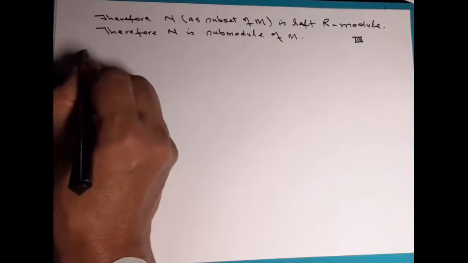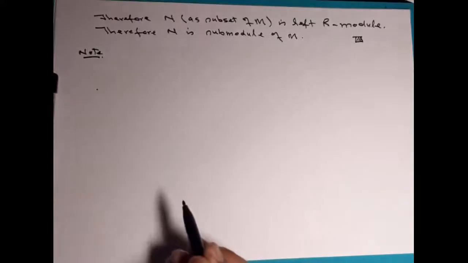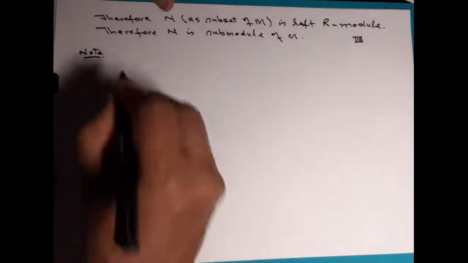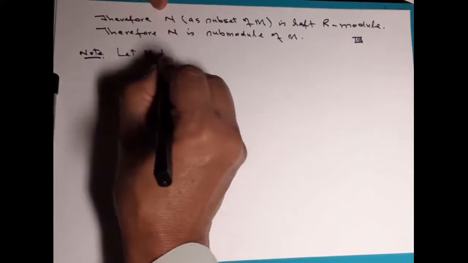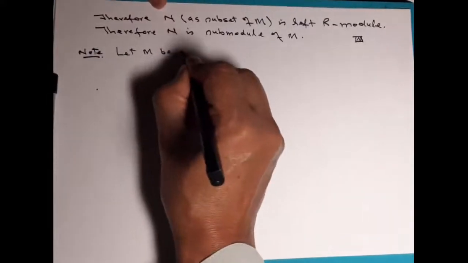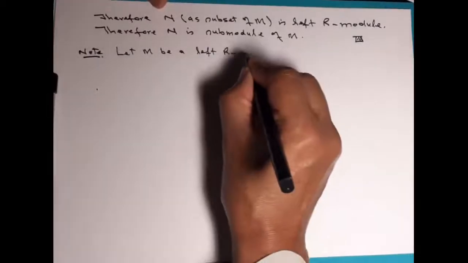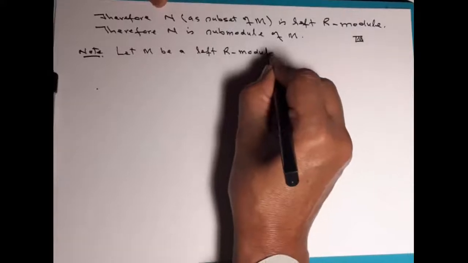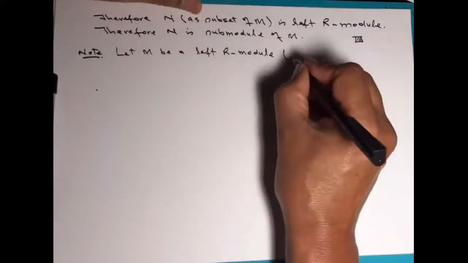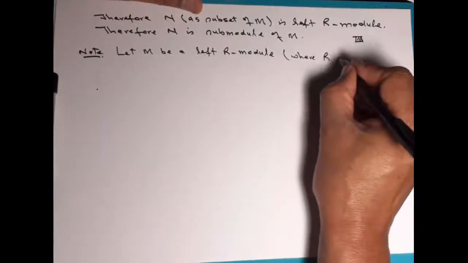Let's have a note. Let M be a left R module, where R is a ring with identity. It is always the case.